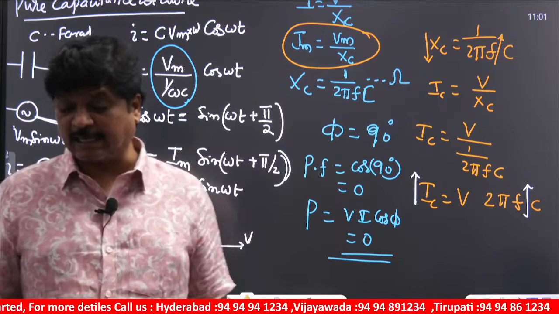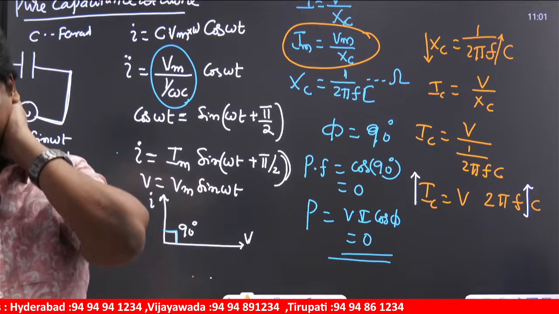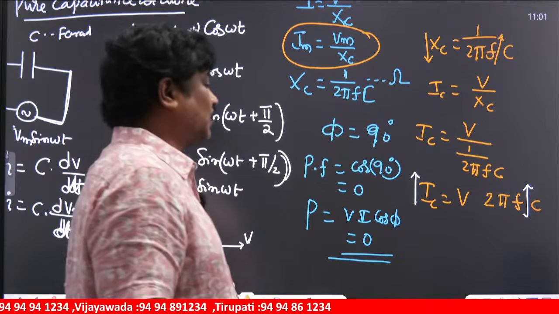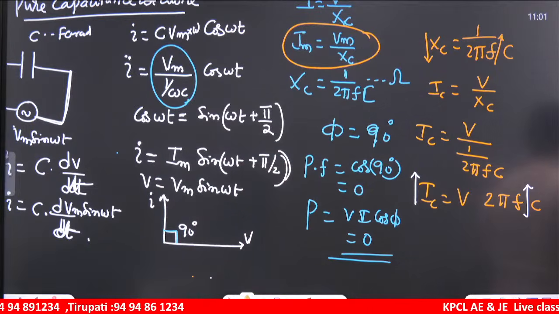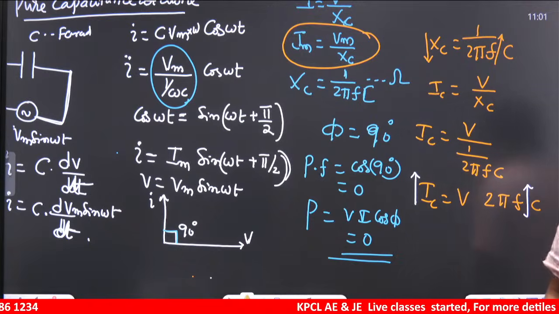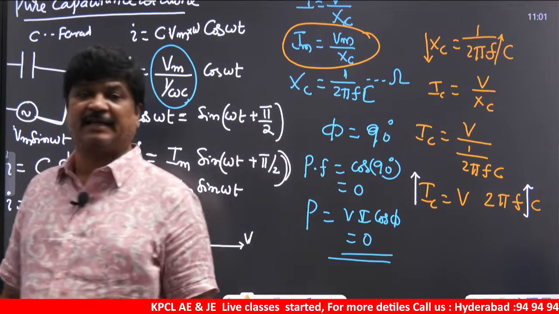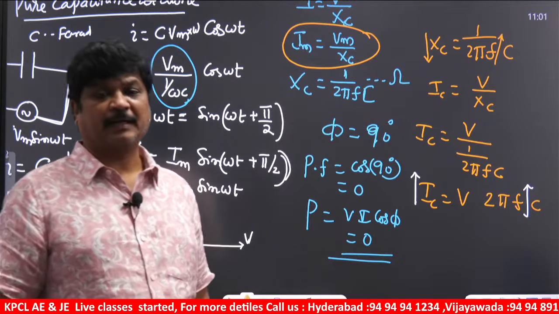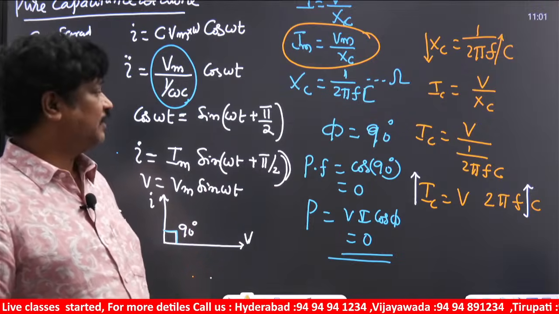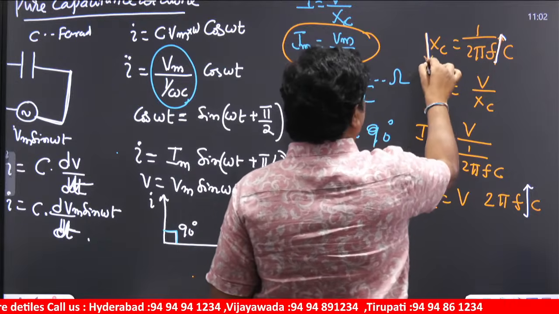So, in the case of inductor, when frequency increases, current decreases. In case of resistor, current is independent of the frequency. Here, frequency increases, current increases, and capacitive reactance decreases.